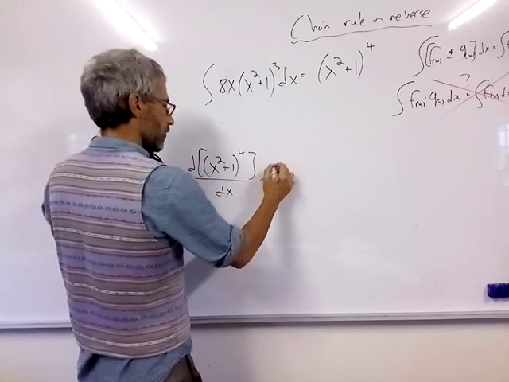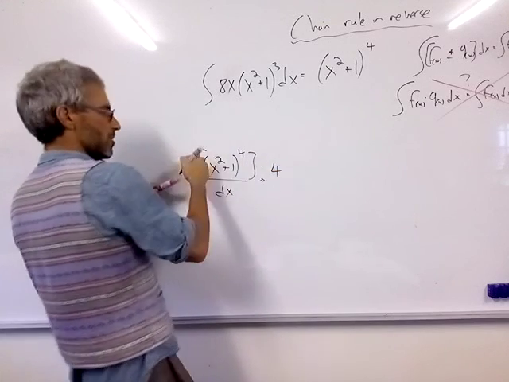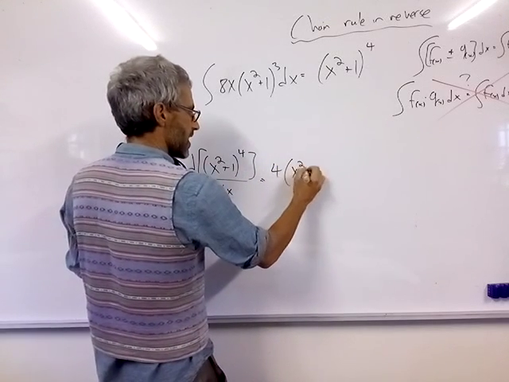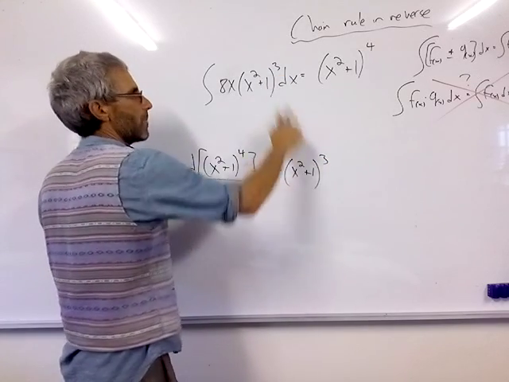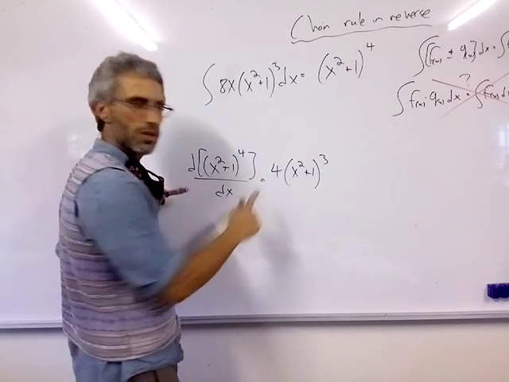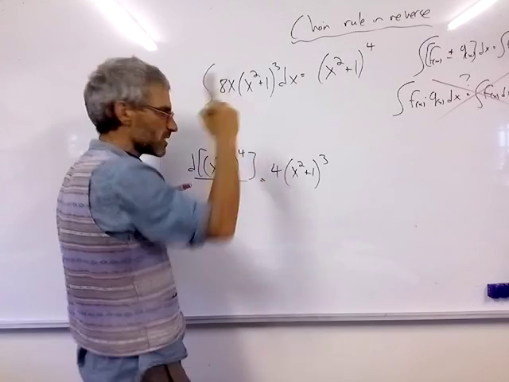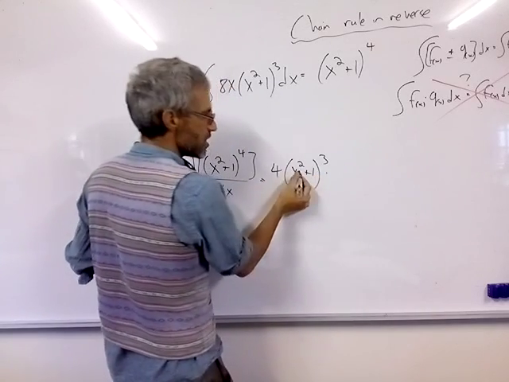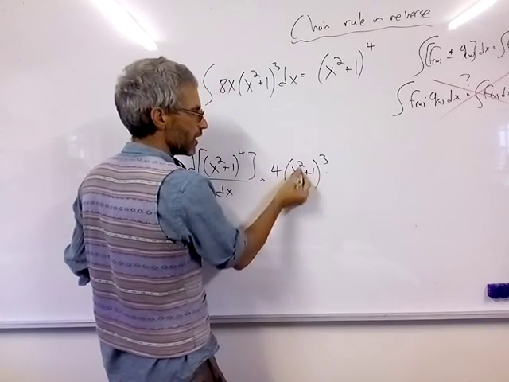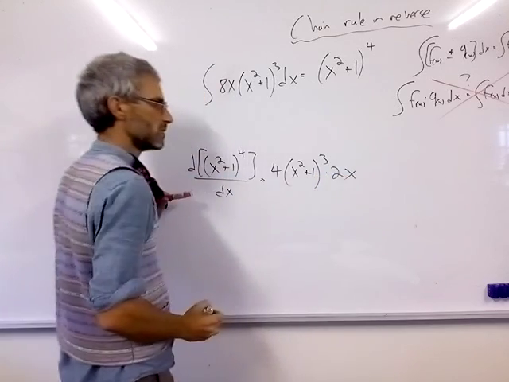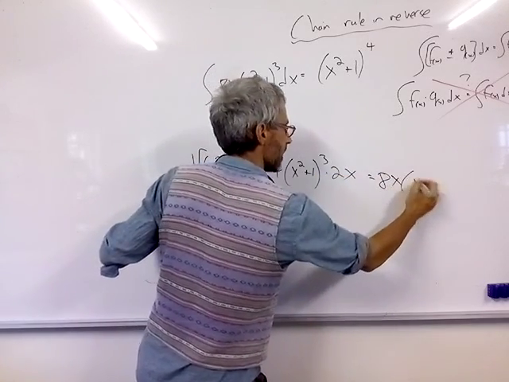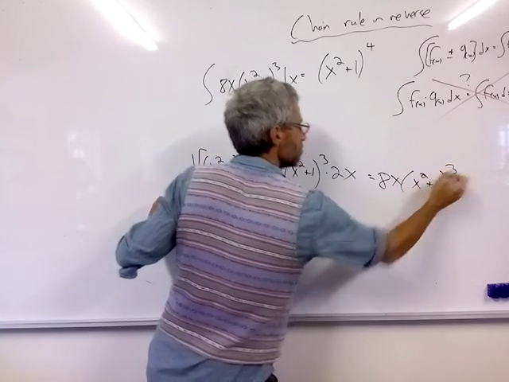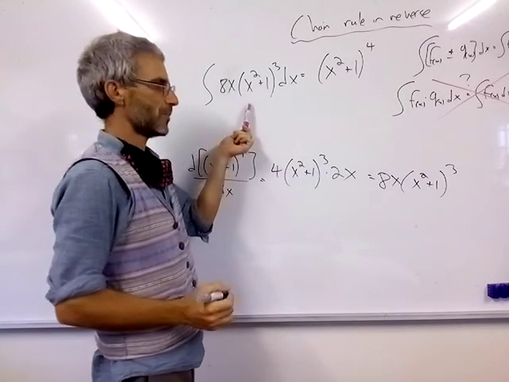I will get 4, that jumps out, times x squared plus 1 to the power 3. That's pretty good. I've got 4, and I've got 8x. But don't forget, we need to multiply by the derivative of the inner function, which is 2x. So really this is 8x times x squared plus 1 cubed, which is exactly here.